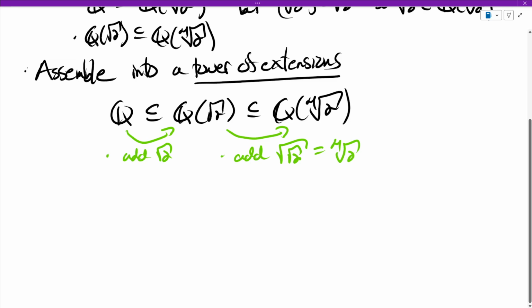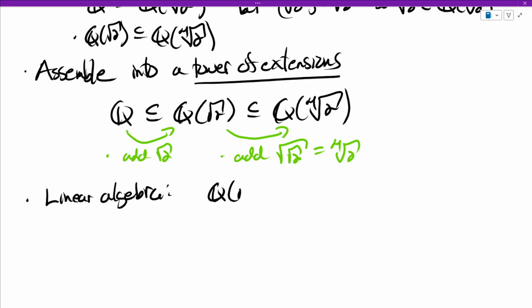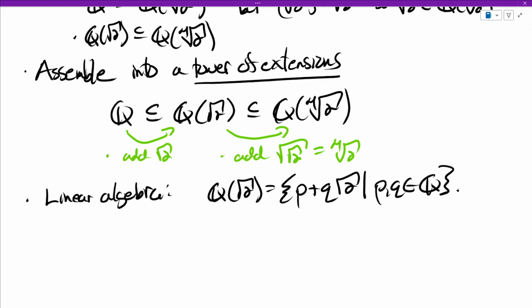There's actually data, and there's actually some linear algebra structure going on in the background. Namely, Q adjoin root 2, we saw how to prove set theoretically, which is a skill you should be able to do, that this is described as p plus q root 2, where p and q are rational numbers.